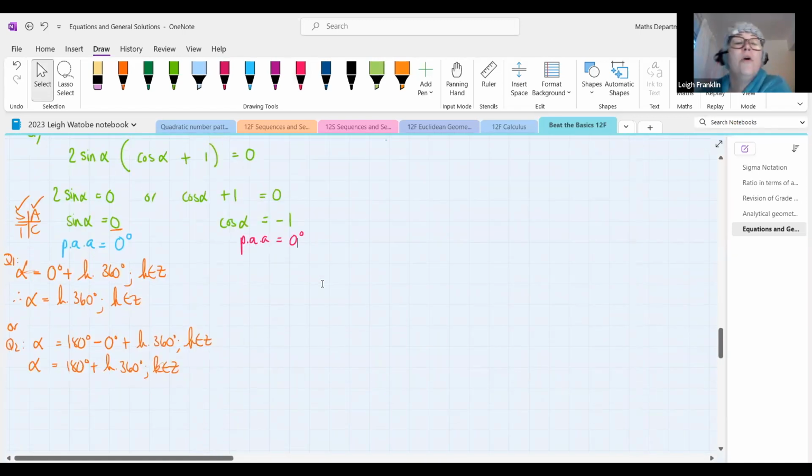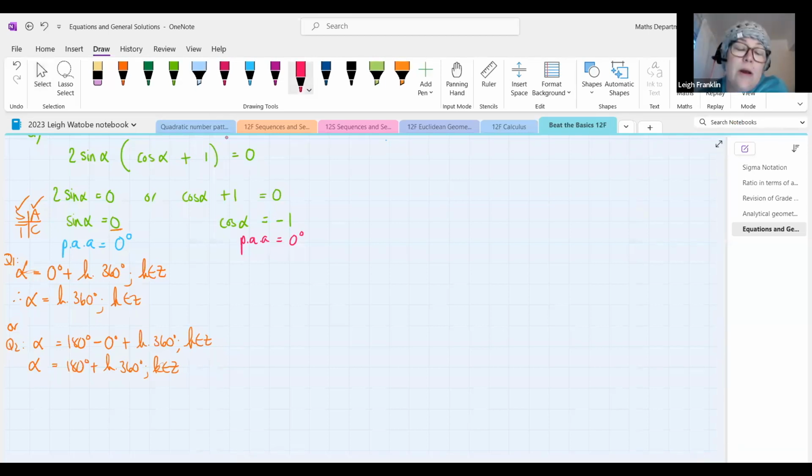Okay. So here, our angle is alpha. Before I say that, we are considering where cos alpha is negative. So again, our CAST diagram: in which two quadrants is cos alpha negative? In quadrants 2 and 3. So those are the quadrants that we need to work in.